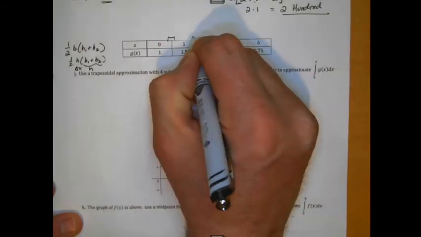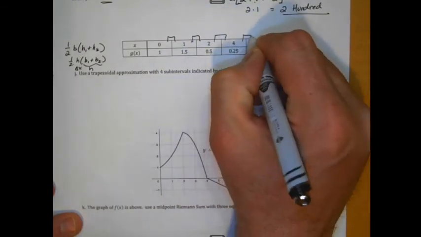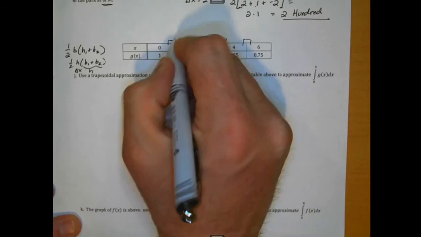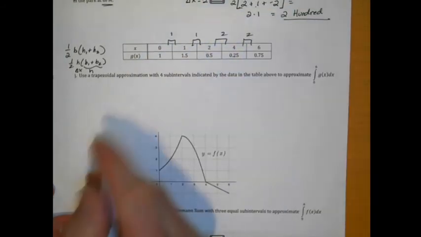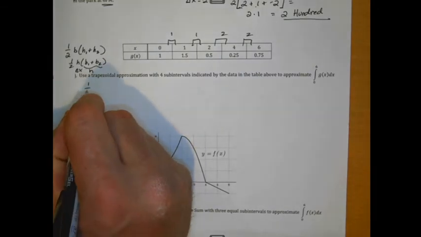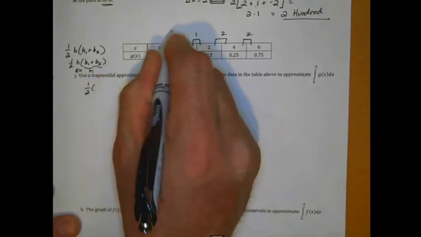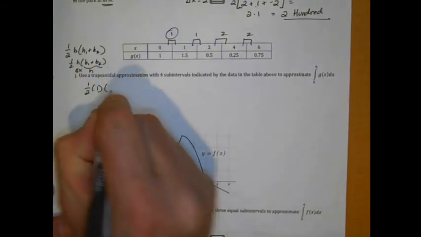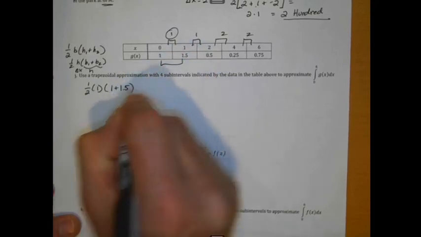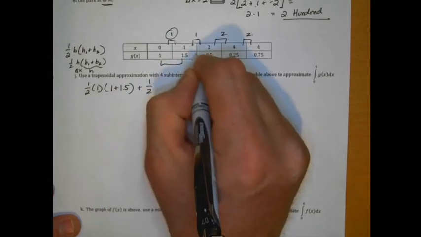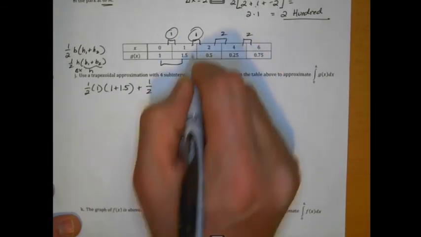And if you notice, the delta x is not the same for each of those. So we have a 1, a 1, a 2, and a 2. So a trapezoid, for each one, we have a height, and then we're going to take these two and add them together. And then we're going to add the height, the second one.